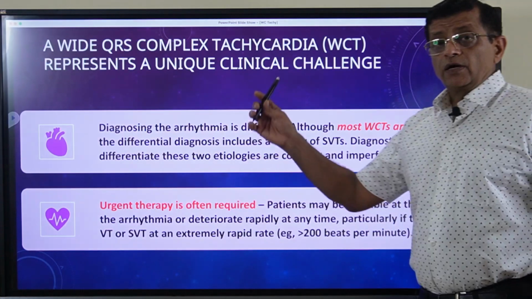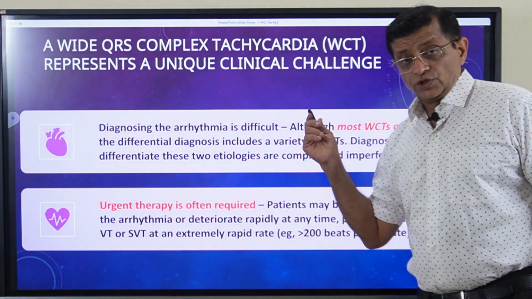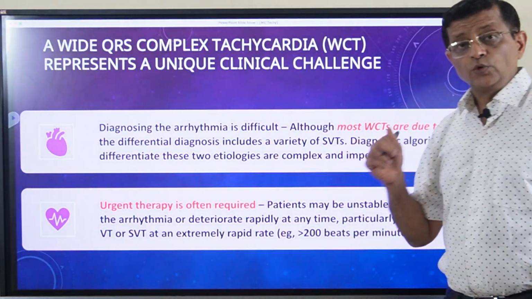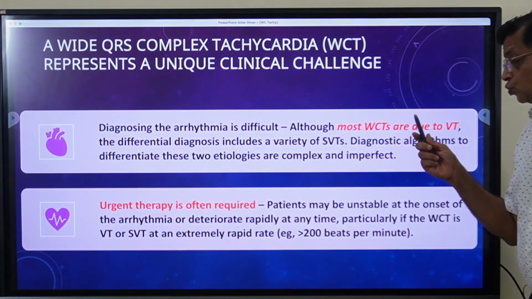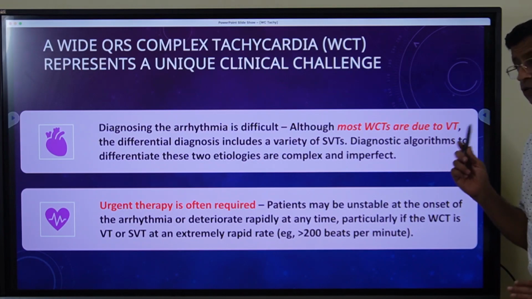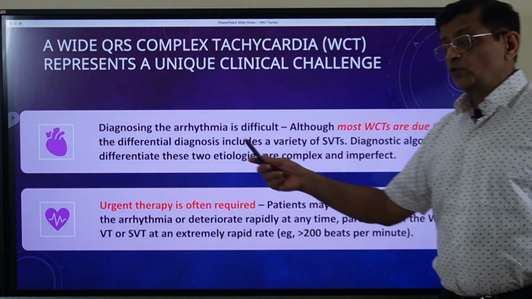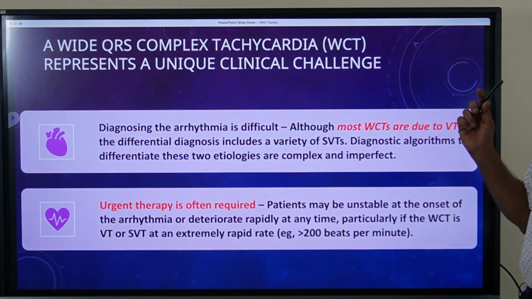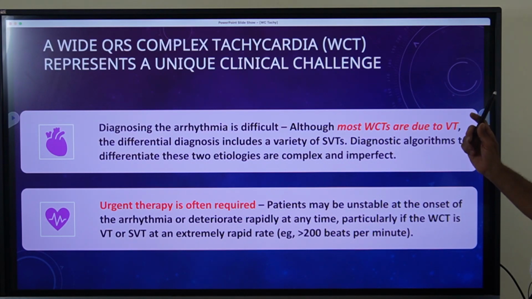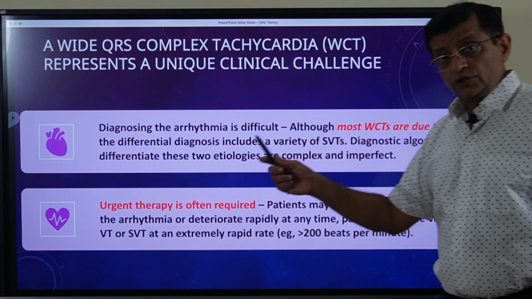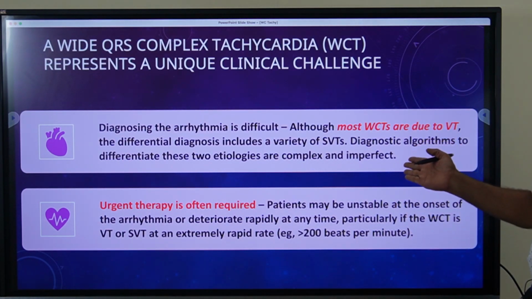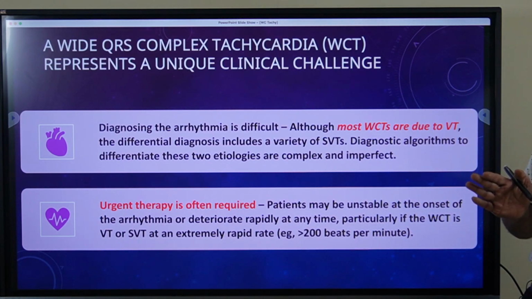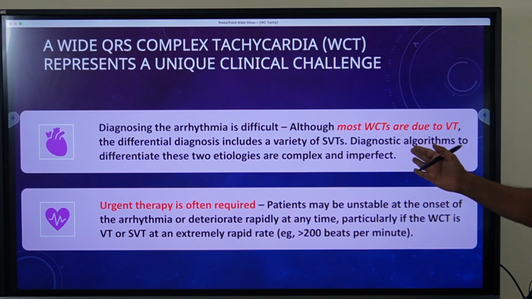A wide complex tachycardia can be a challenge to diagnose and to treat because diagnosing the arrhythmia is difficult. Although most wide complex tachycardias are ventricular tachycardias, the differential diagnosis includes a variety of supraventricular tachycardias. So diagnostic algorithms can differentiate these two etiologies. We'll come to that. And these diagnostic algorithms are complex and imperfect.